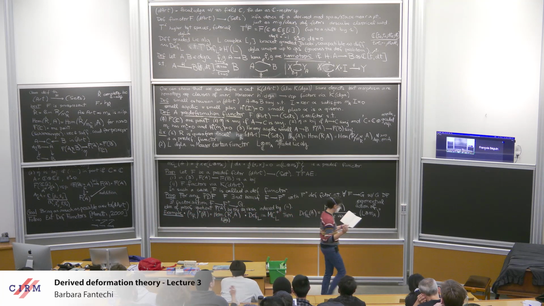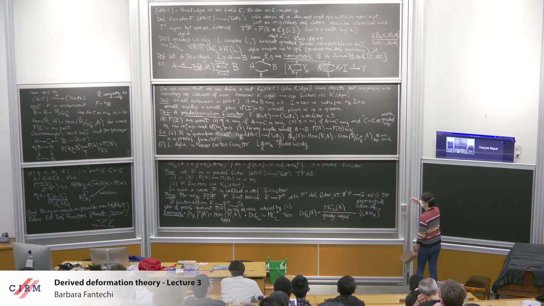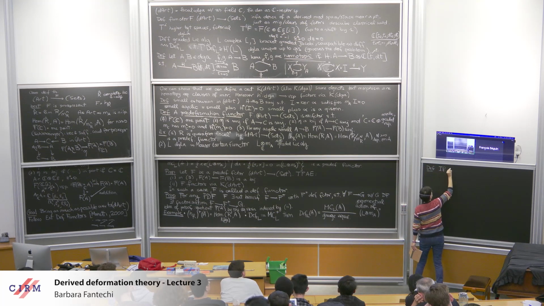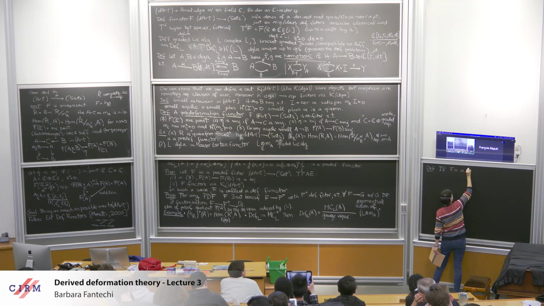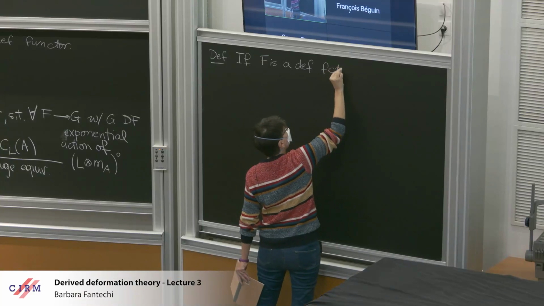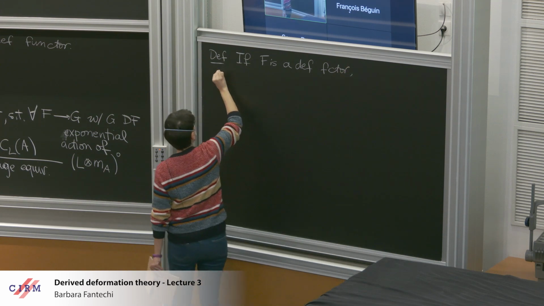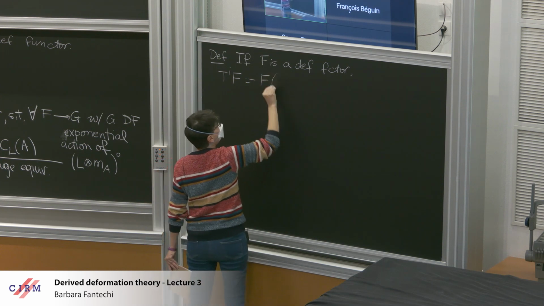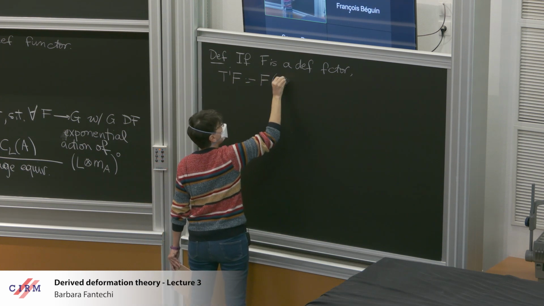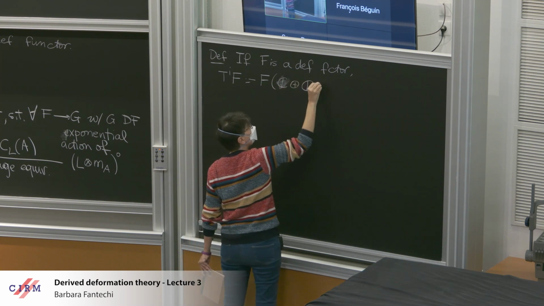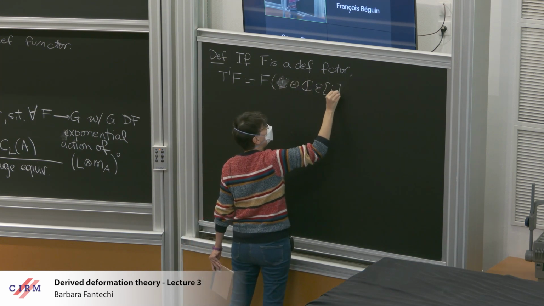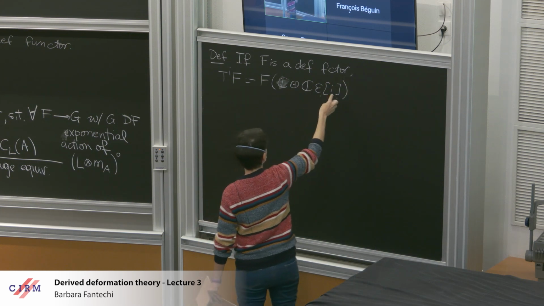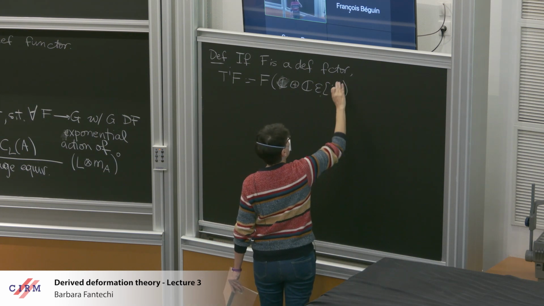Sorry, before I go on, I haven't yet said: definition, if F is a deformation factor, we can define T^i of F. This is just F of C plus C epsilon of i. And again, I think it's i minus 1 to be precise.